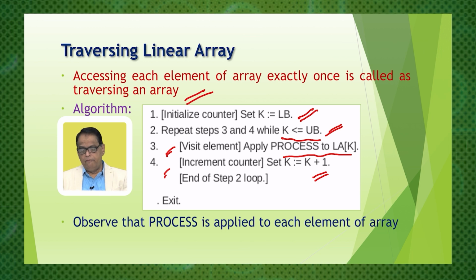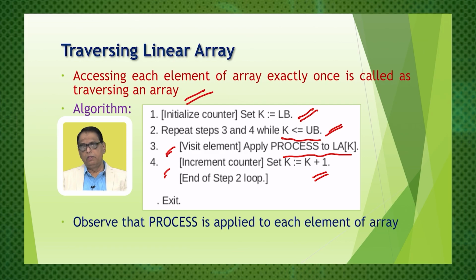So in this way, we can easily access each and every element of the array. And you will find that we are applying the process. As I told you, the process just means reading the element of the array, or sometimes we print it, or sometimes we add all the elements of the array.